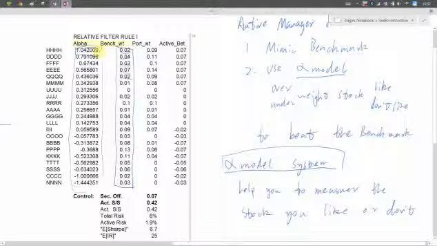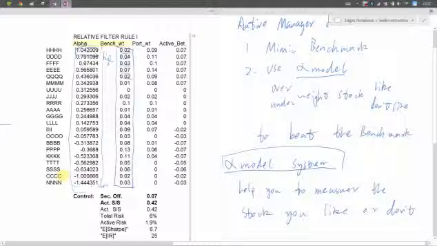Some scores are high, some are low, and we sort them from high to low. As you can see here, very high, positive 1, and here, minus 1. That's the stocks from top to bottom, from the ones we like to the ones we don't like.